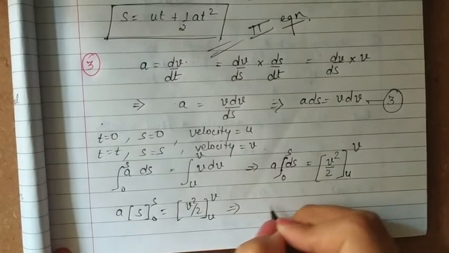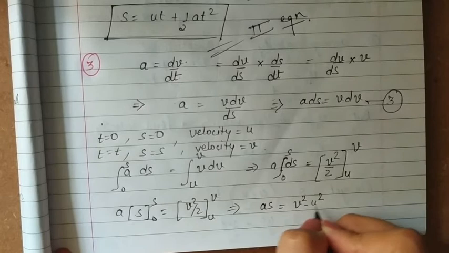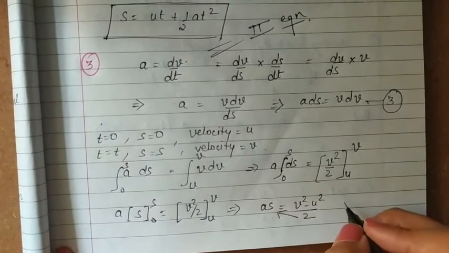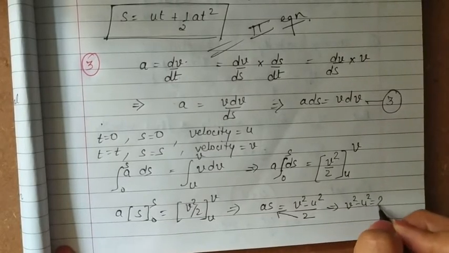So we get as is equal to v square minus u square upon 2, and this 2 will go on left side by cross multiplication, and we get v square minus u square is equal to 2as.